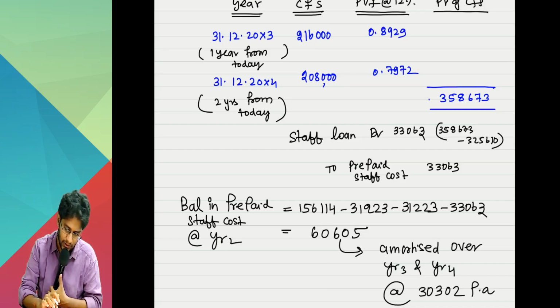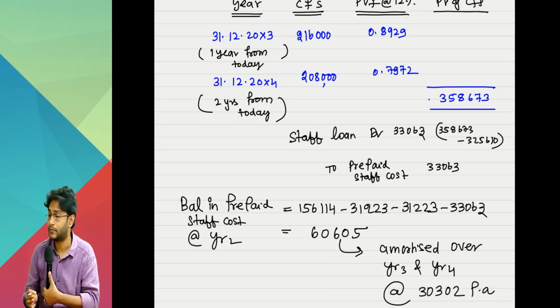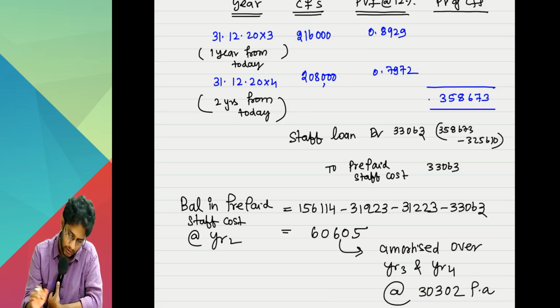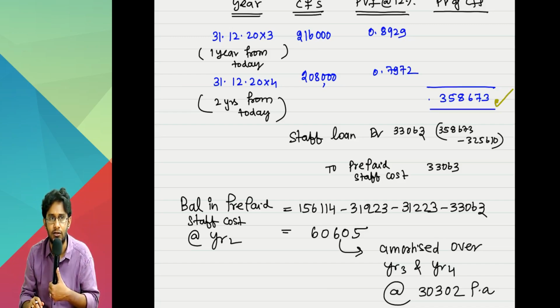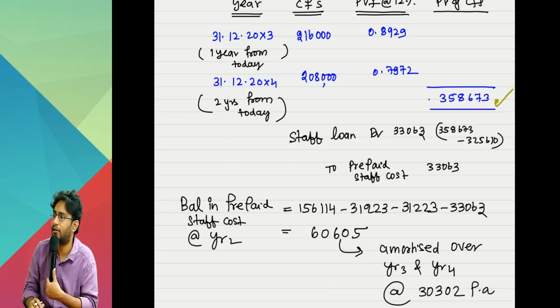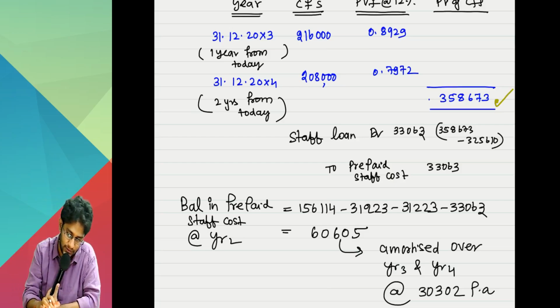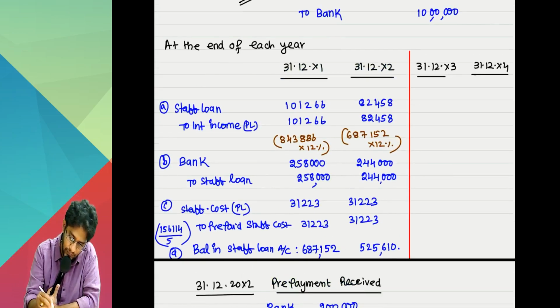So let's fill up the last 2 columns also. Tell me, sir, what is the closing balance of the loan now? This one. You wantedly raised it to 358,673. So on the 358,673, apply 12%. 358,673 into 12%.